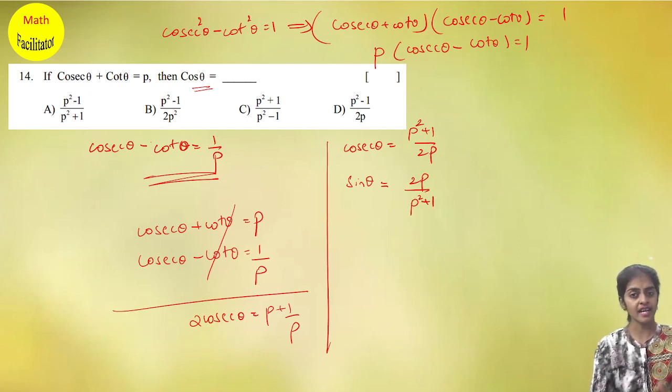So from here, as I said, you can use the Pythagoras theorem method or you can use the other method also, which I'm going to tell you now. Yesterday we discussed this.